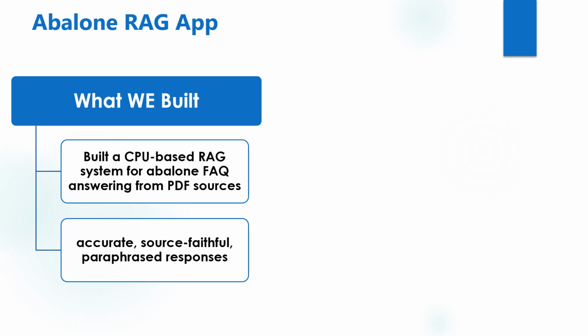What we built is a CPU-based RAG system that answers abalone FAQ questions directly from PDF sources. The system generates accurate, source-faithful, and paraphrased responses, ensuring the answers are both reliable and easy to understand.